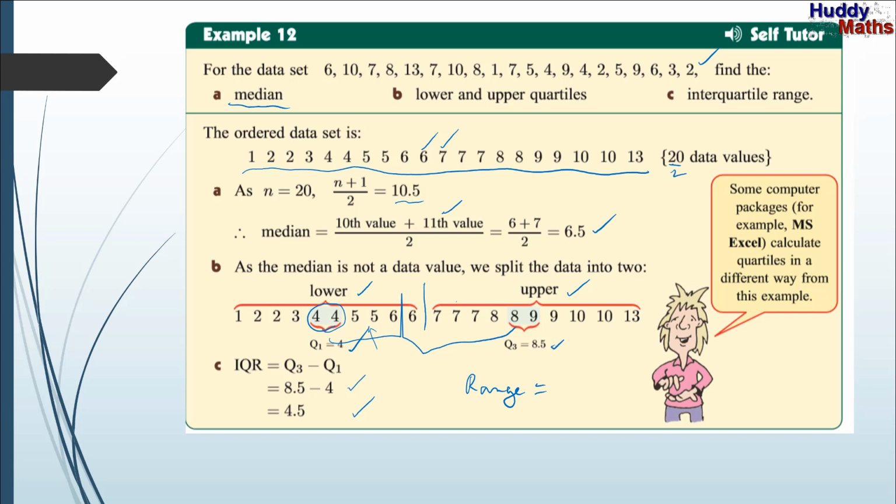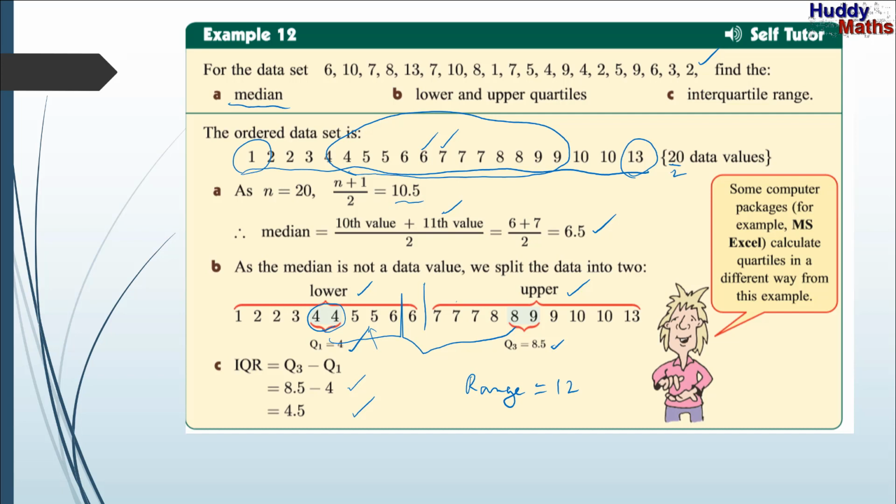What would that tell us? The range would be the highest one minus the lowest. It would have been 12. Okay, so that gives the impression that it's pretty spread out. When overall, in here, you've got most scores, if you like, the middle half, and they aren't that spread. The spread is only 4.5.